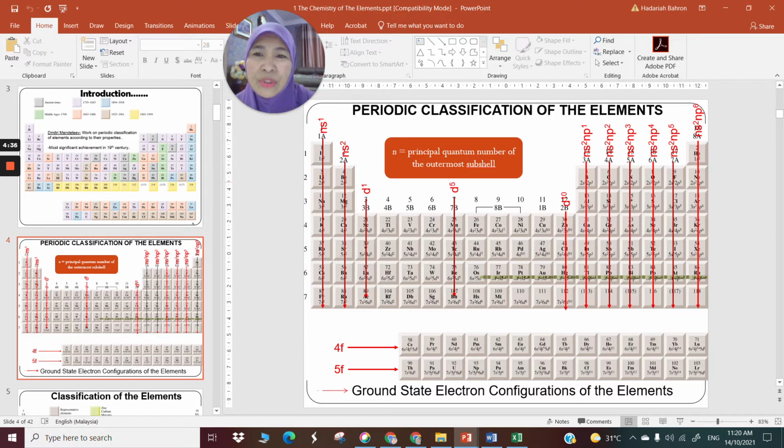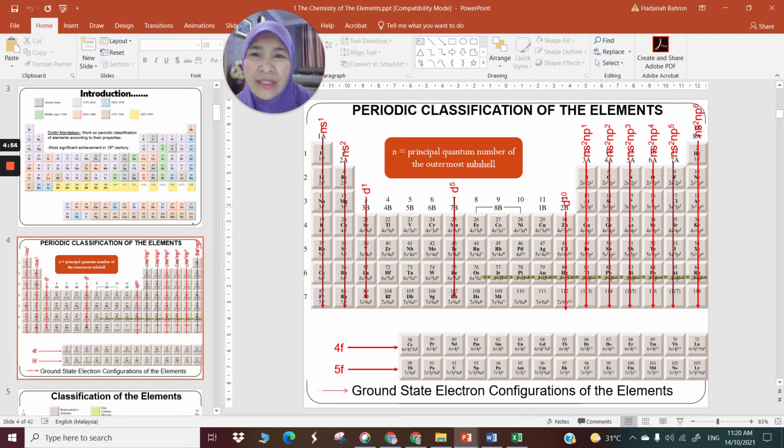And then n is equal to 2 is the elements that are put in the second row from lithium to neon. These elements are lithium, beryllium, boron, carbon, nitrogen, oxygen, fluorine, and neon.